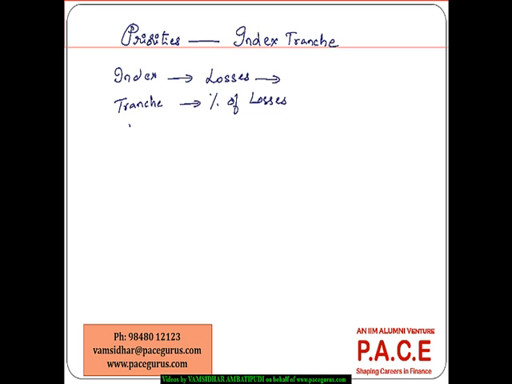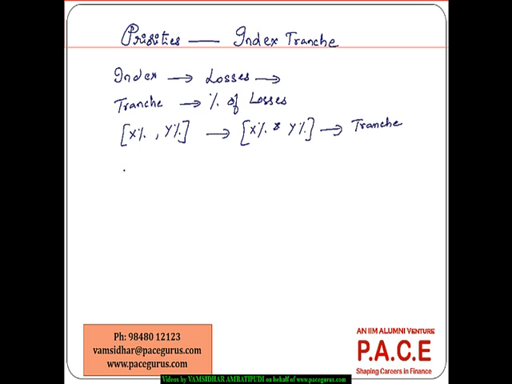So I could specify X% and Y% for each tranche, which means the losses lying between X% and Y% on the underlying index would be absorbed by this tranche. So the tranche could be created like this.